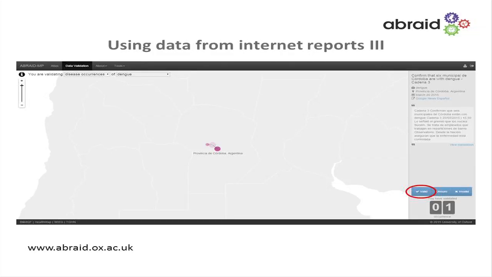At the back end of the system, this is what happens. So when an expert validates a point, if they say it's valid, that gives it a score of 1. If they say it's unsure whether it's valid or not, that's a score of 0.5. And if they say it's invalid, that's a score of 0. Nice and simple, but this system is open to everybody. Anyone can register and use this, so we want some insurance in case someone registers who isn't quite the expert in dengue.